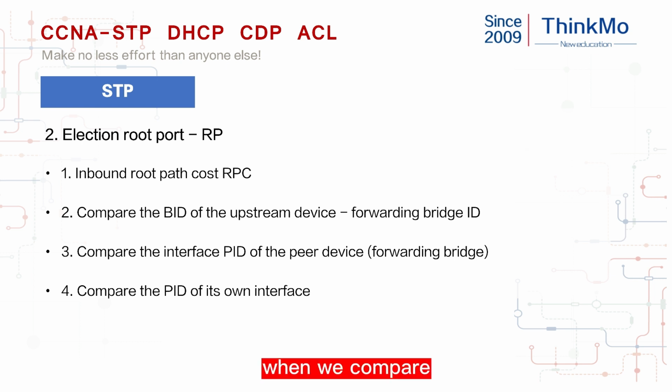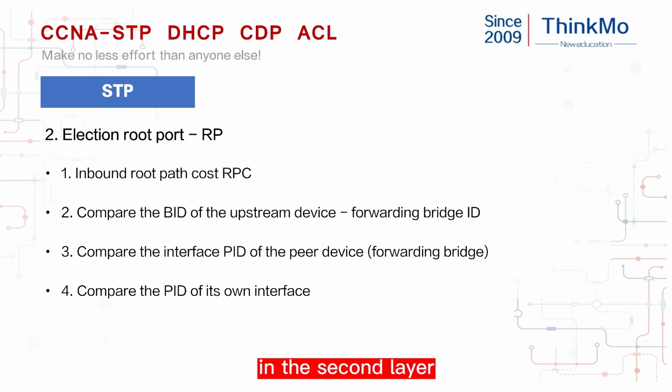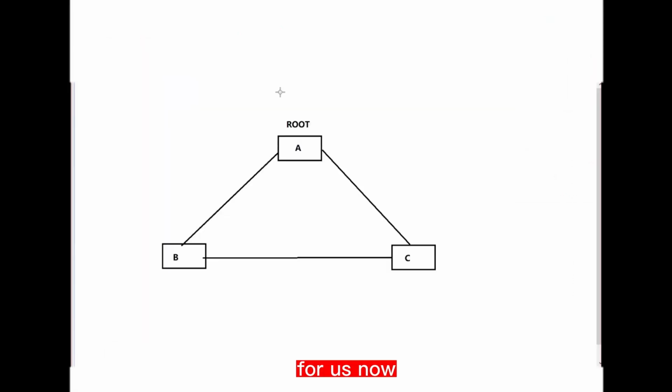When we compare, no matter what role is elected, all parameters are all smaller values are better. The comparison of almost all parameters in the second layer is that the smaller the better. In almost all 3 layers, the bigger the better. For us now, let's look at device B. Compared with device C, it is actually the same.